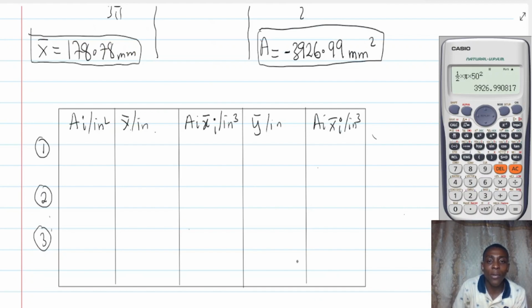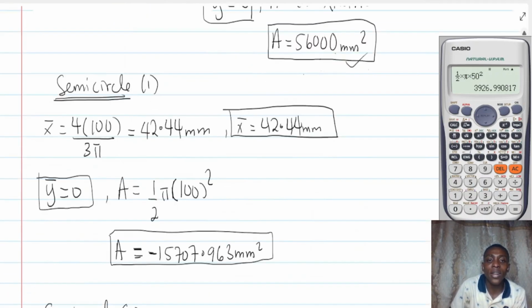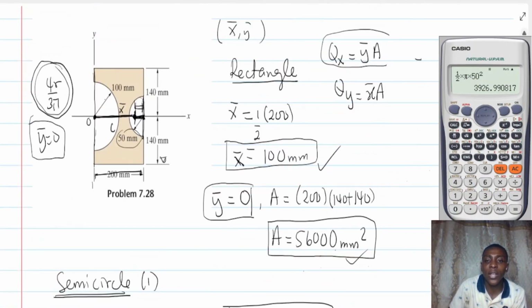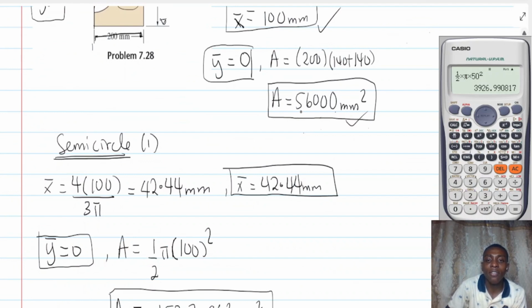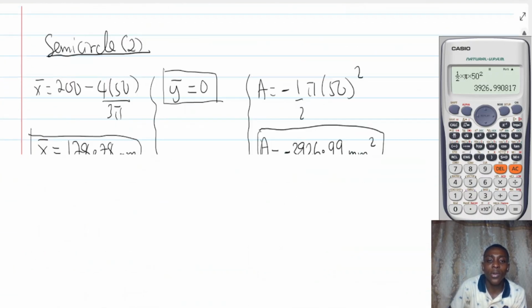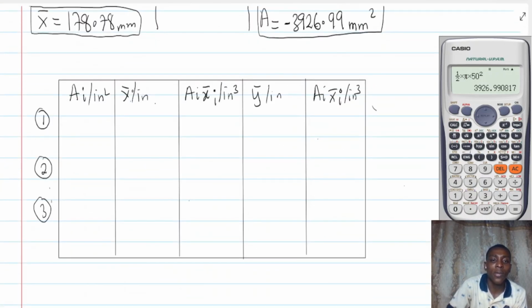Let's start from area 1. So area 1 is the rectangle. What did we get for area 1? We had 56000. So the unit over here is in millimeter square, and this one is millimeter. This one is in millimeter cube, and then this one is also in millimeter, then this one is also in millimeter cube.